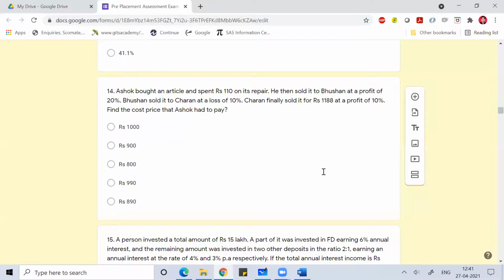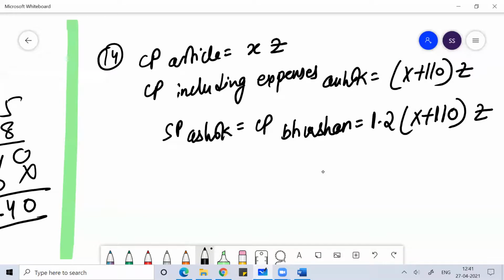Then Bhushan sold to Charan at a loss of 10%. The selling price of Bhushan is the cost price of Charan.